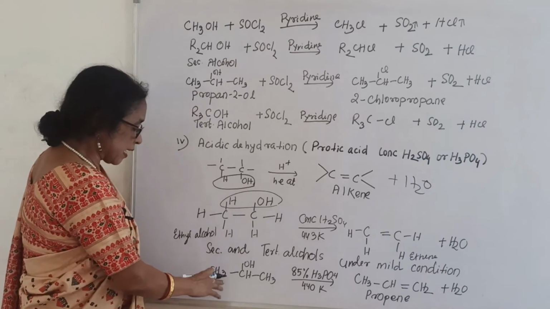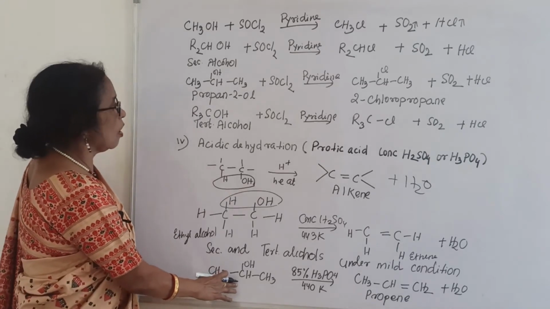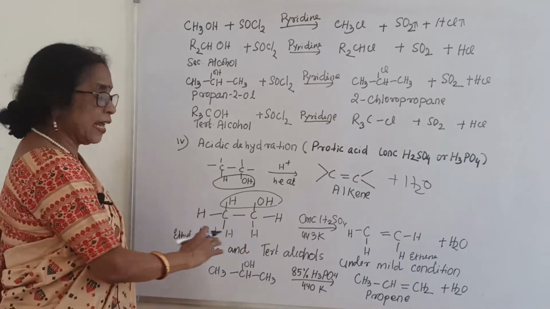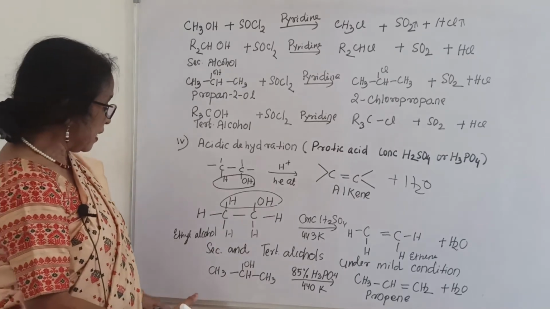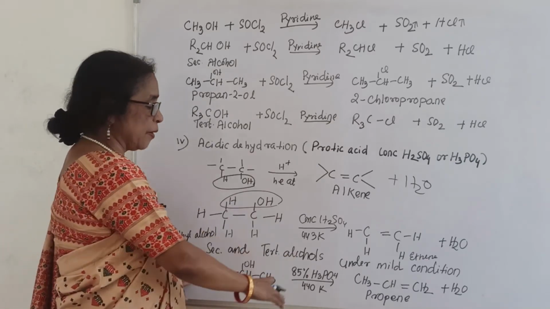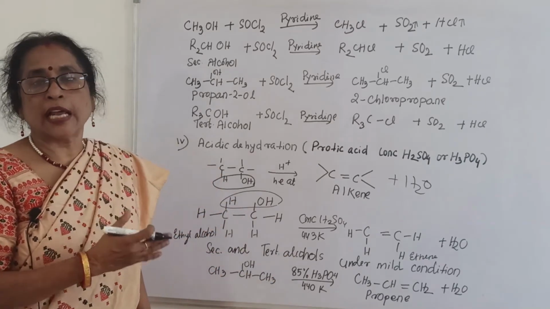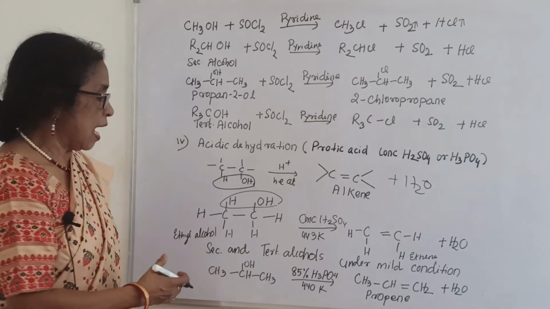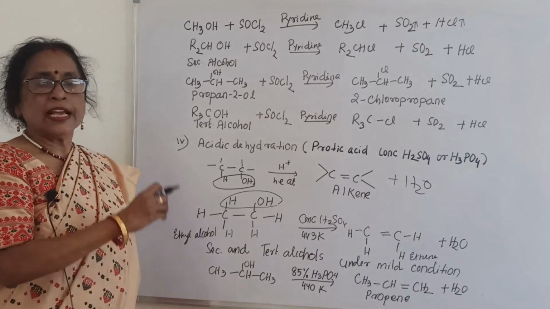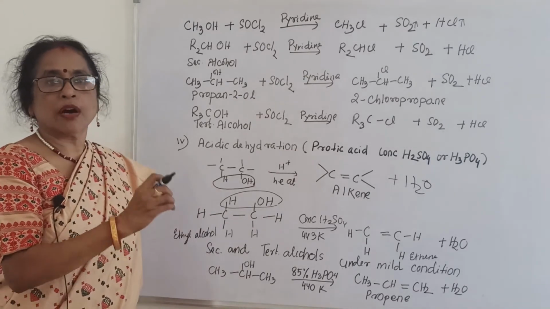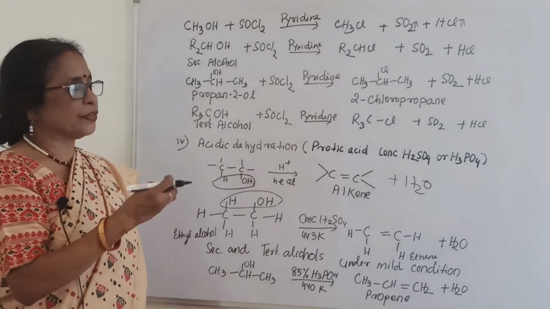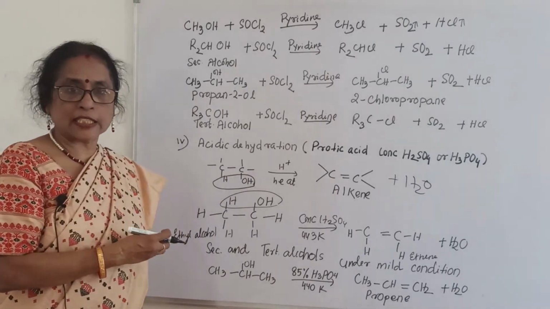Now take a secondary alcohol, propan-2-ol. Propan-2-ol reacts with H3PO4 and heat, and what happens? Since it is a three-carbon alcohol, it should give a three-carbon alkene. What is that? Propene. Acidic dehydration means in presence of acid water is removed, and that is protic acid, concentrated sulfuric acid and phosphoric acid.